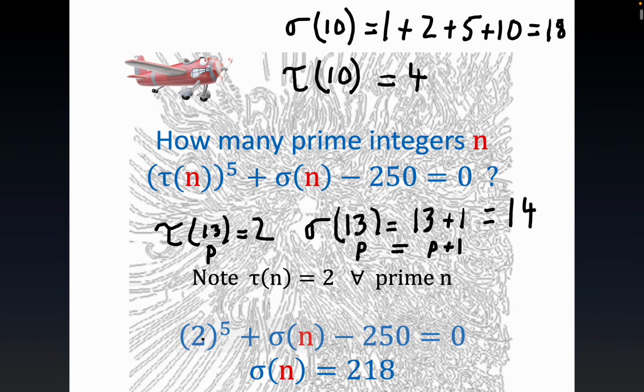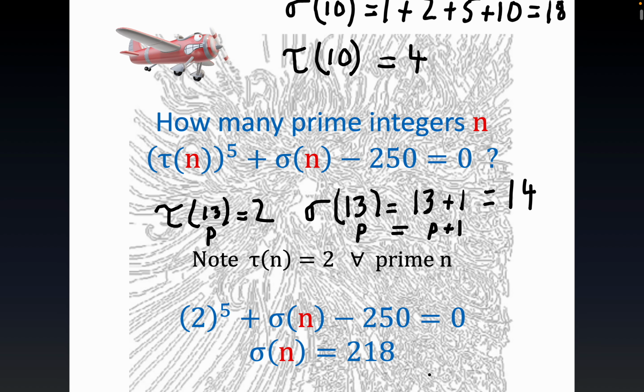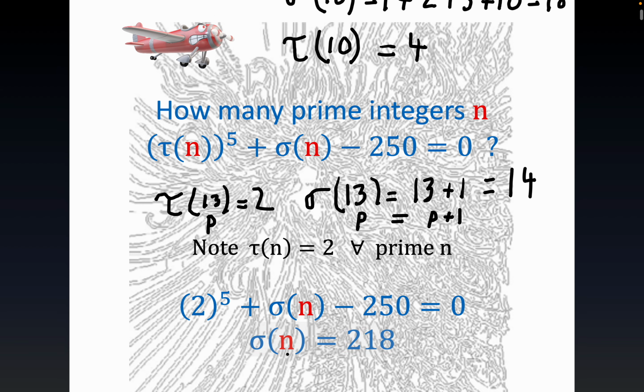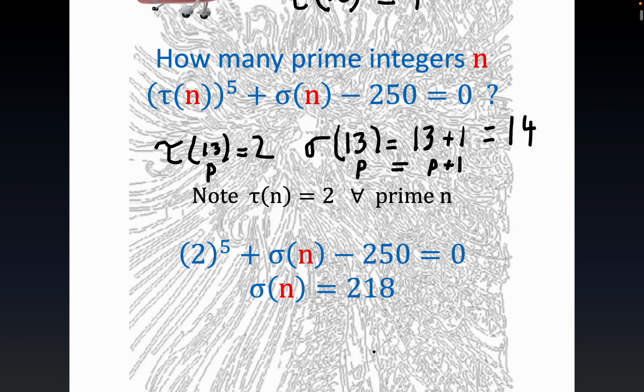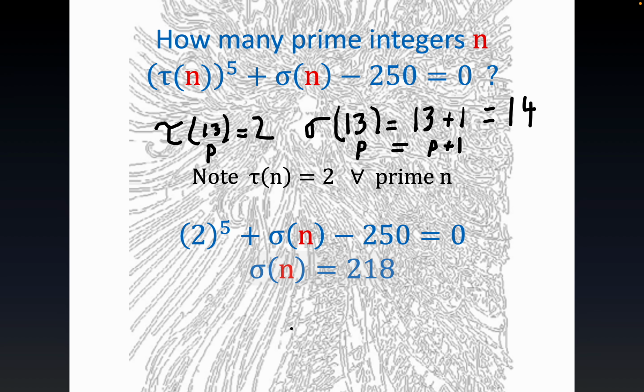Now, so I put the 2 right here, substitute right here. That's equal to 32, folks. And so this results in sigma of n being 218. Now notice that that would mean if n were prime, again, I'm saying if n is prime, sigma at n is equal to n plus 1.